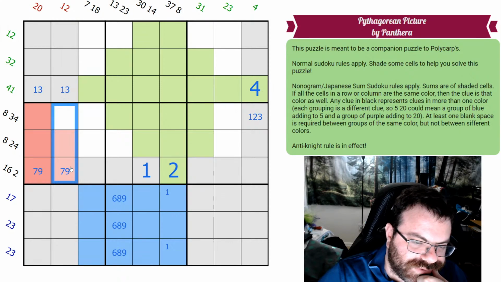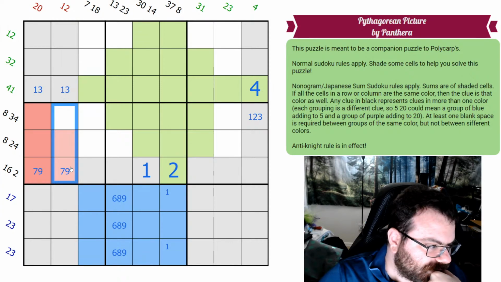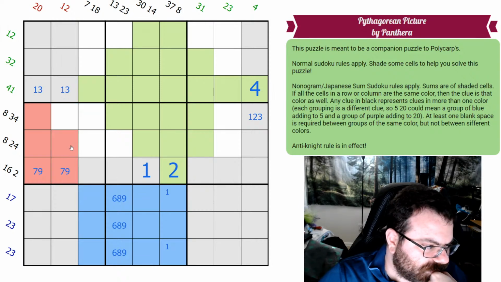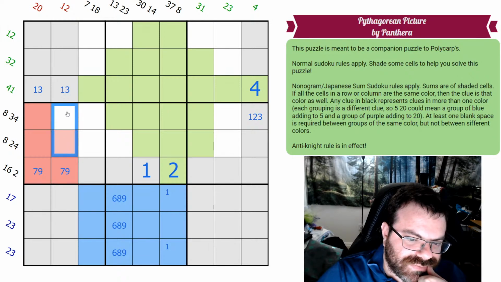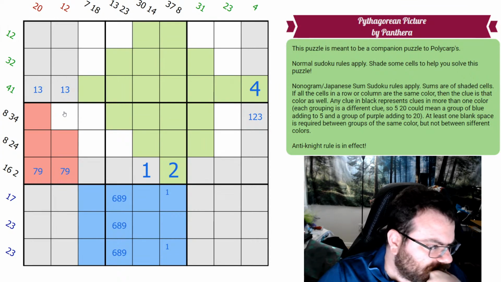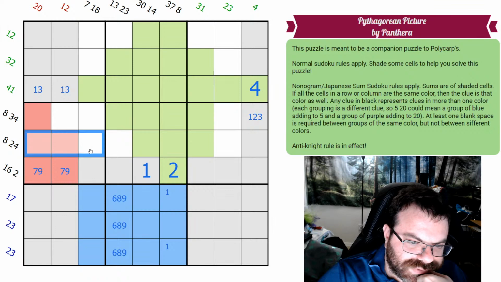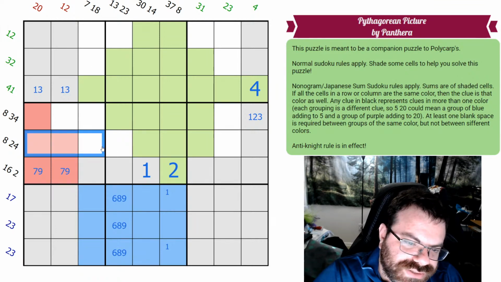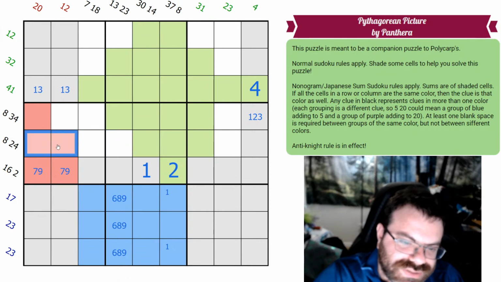It would be 1, 4. I guess 9 could be with 1, 2. Oh, this one sees in as well. None of these can be 1. So this 8 can't be 3 long. So this 8 is 2 long.